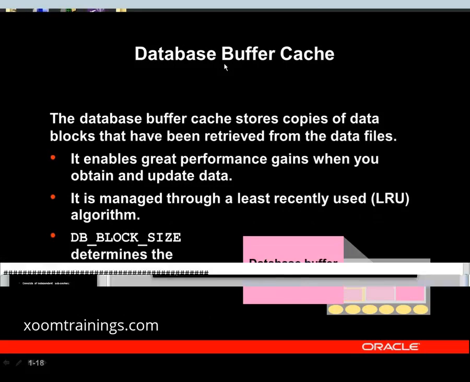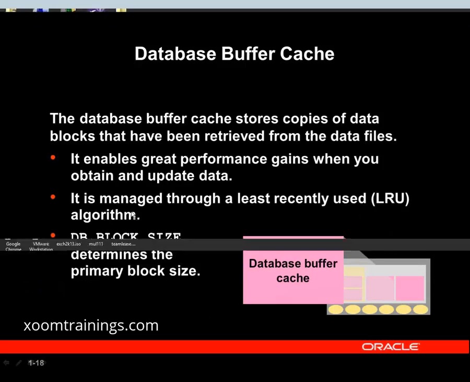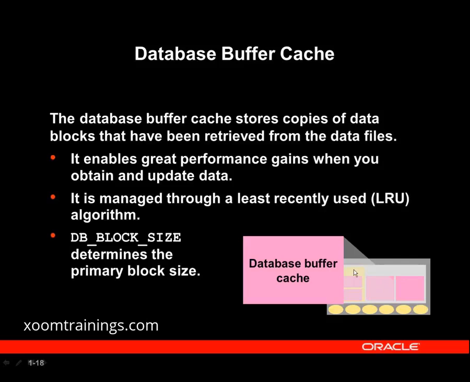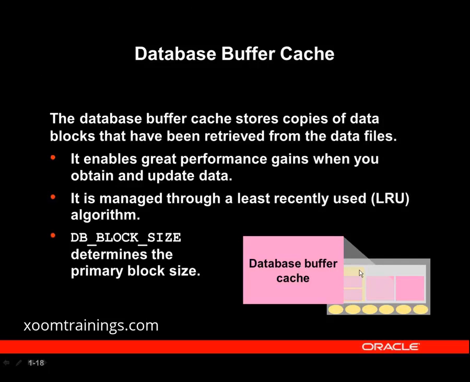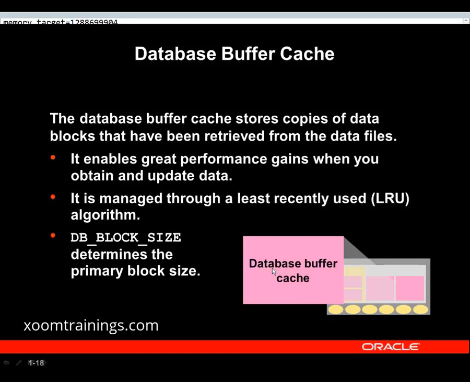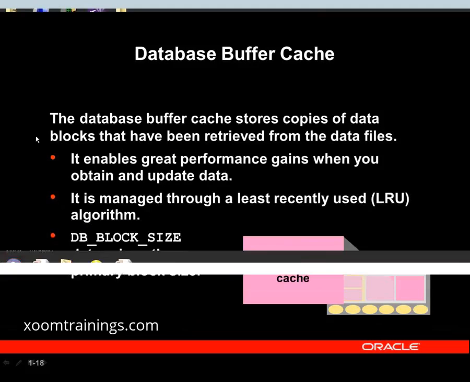Now the database buffer cache. The database buffer cache stores modified blocks. That modified block or user block comes from the server process, which reads it from the database and stores it there.